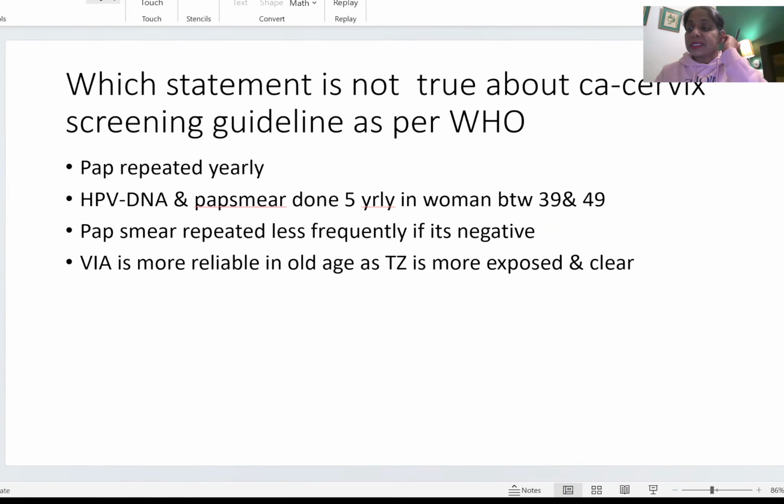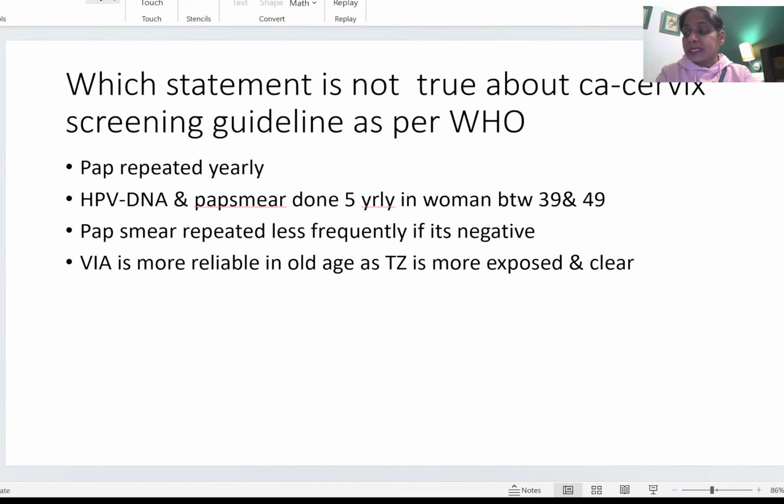Now let's discuss the screening. All of you know that HPV screening is a must and it is done by pap smear. Okay. So tell me which one of the following is correct about CA cervix screening guideline as per WHO.